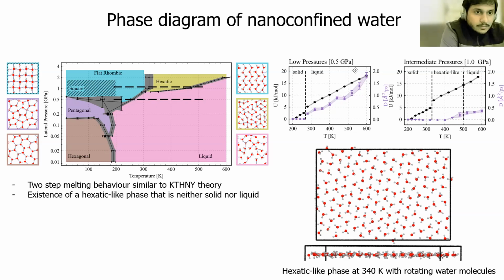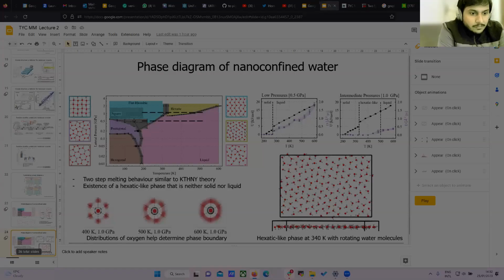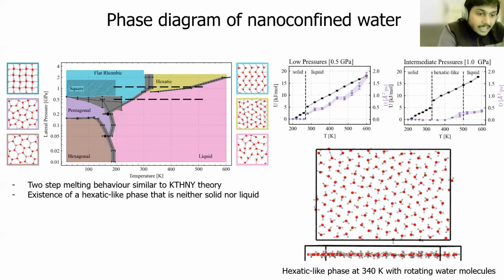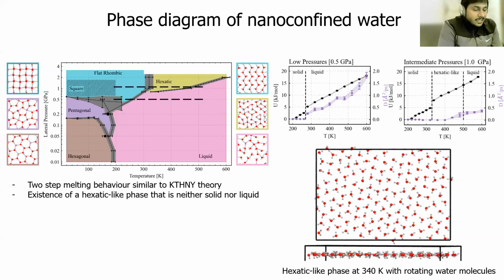But in this case, as you can see, water molecules rotate, but they do not really translate. The system doesn't translate together, or it does so extremely slowly. And in that case, you get this interesting hexatic phase, which is neither a solid nor a liquid, and it comprises rotating water molecules, and so on.